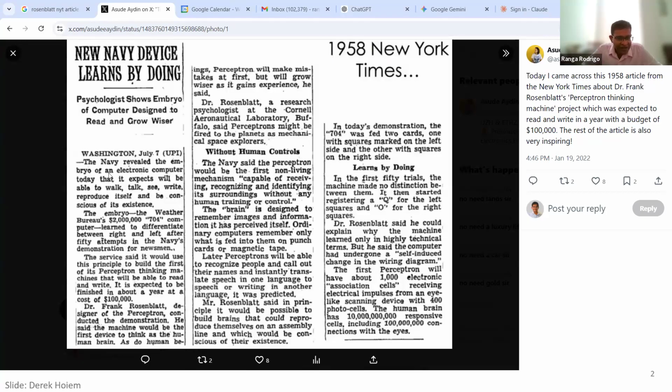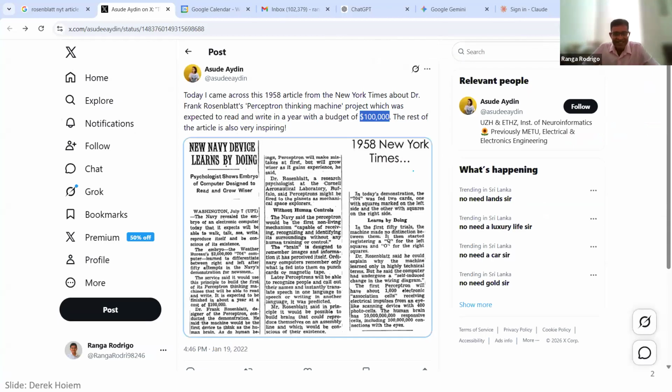The Navy revealed that the embryo of an electronic computer today is expected to be able to walk, talk, see, write, reproduce itself, and be conscious of its existence. So these are kind of dreams, I think.